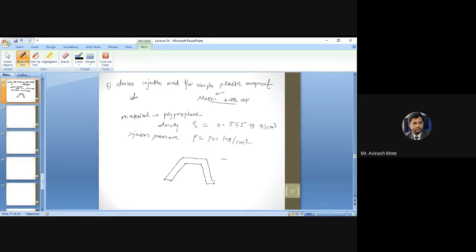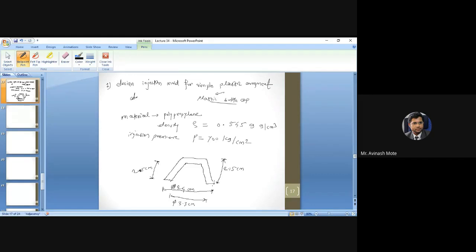So this complete height is 2.15 centimeter. This small height is 2.05 centimeter. The larger diameter is 3.4 centimeter, and the smaller diameter is 3.3 centimeter.